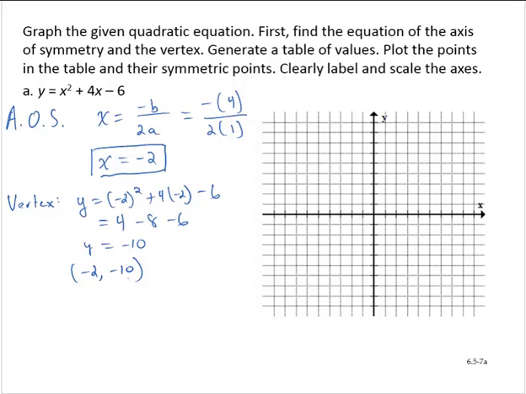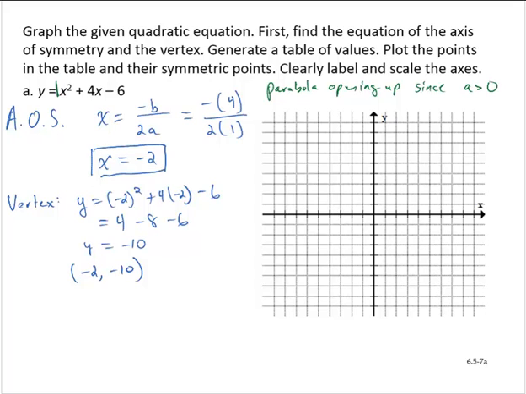Now, I know that the parabola is opening up because a is 1, right? The leading coefficient is 1, and that's greater than 0. So now I'm going to do a little table of values, and I already know an important value.